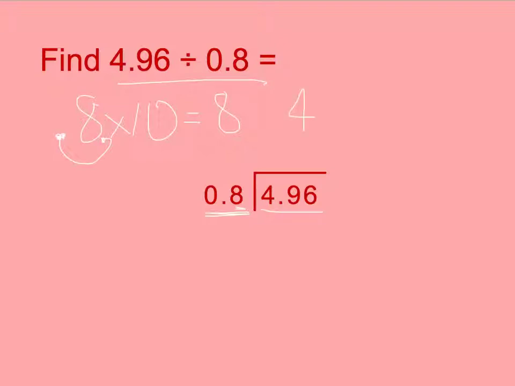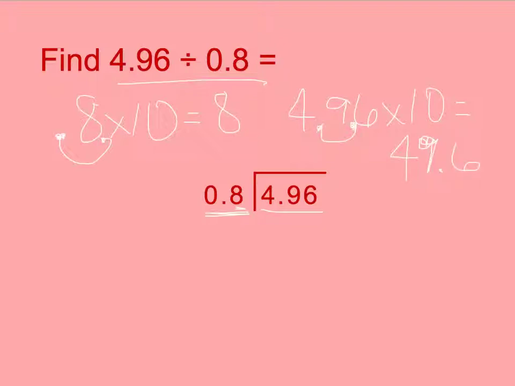When we take 4 and 96 hundredths times 10, this moves our decimal from between the 4 and the 9 to between the 9 and the 6. So our product is 49 and 6 tenths.